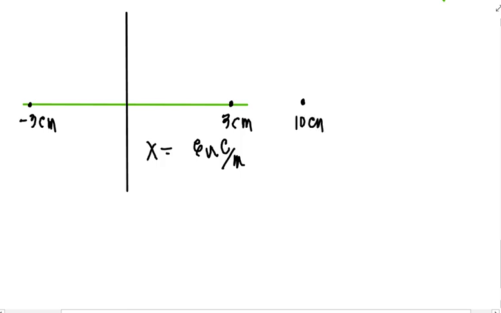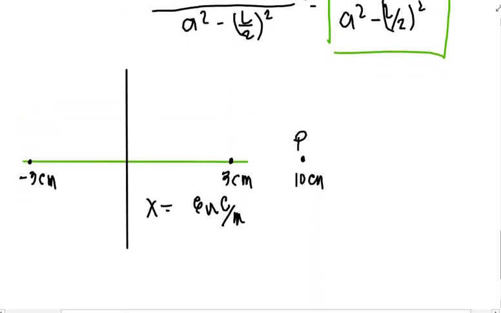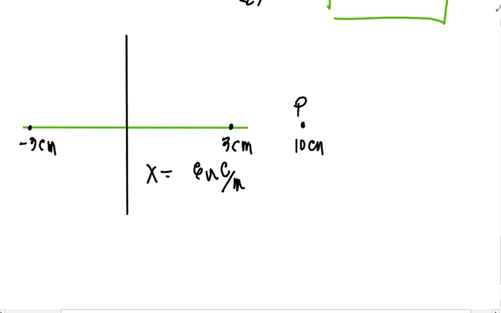Then we are going to solve for the electric field felt at point P. The derivation is a bit complicated, but your electric field will be equal to K lambda L all over A squared minus L over 2 squared.